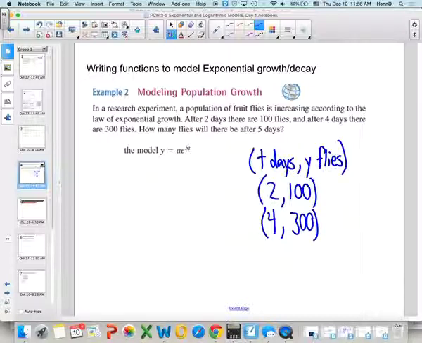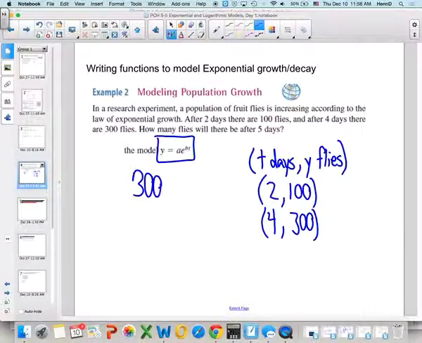Check this out. We've got to use our model. We're going to set up a system of equations, and we're going to use the ratio to help us solve it. So if I start with 300 equals a times e to the 4b power. Notice I just plugged in the 300 for y and the 4 for t.